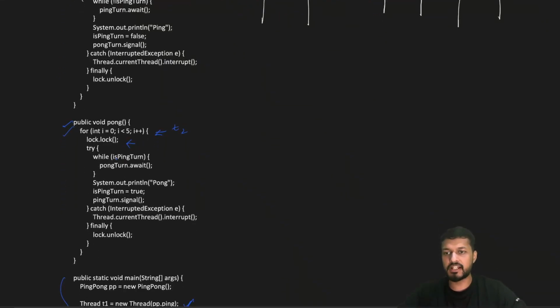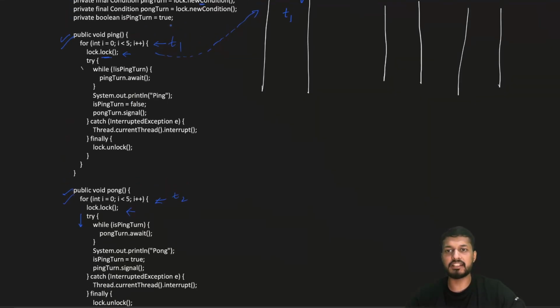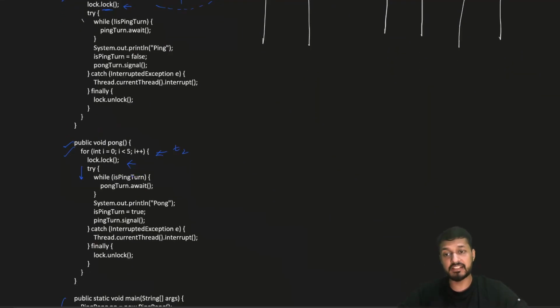So T2 has acquired the lock, it will go ahead and execute these statements. What will it do? Try, while isPingTurn. What is the value of isPingTurn? isPingTurn is true. If it is ping turn, then you have to go and wait, right? Because this function is responsible for printing pong. So while isPingTurn, pongTurn.await. Now what will happen here?